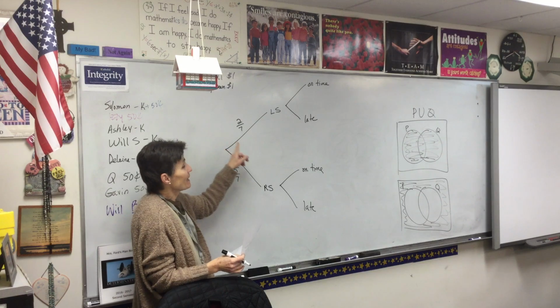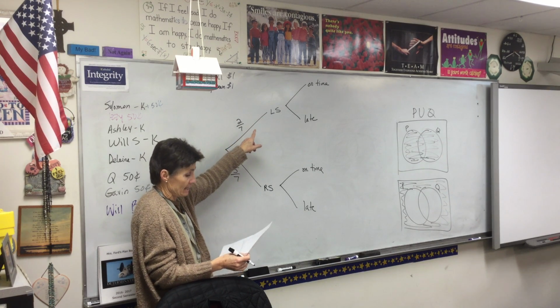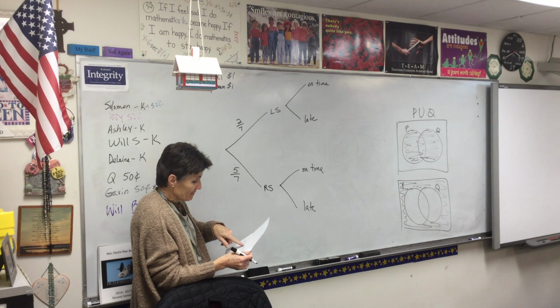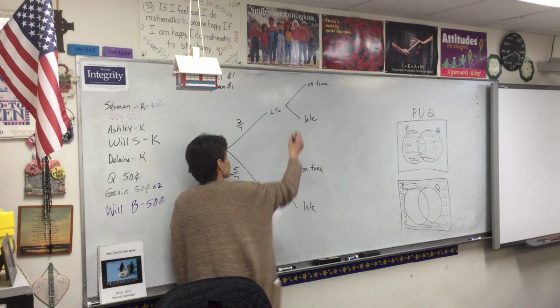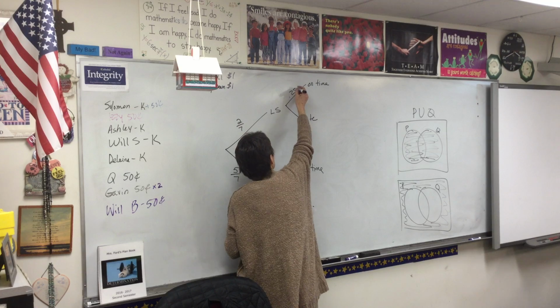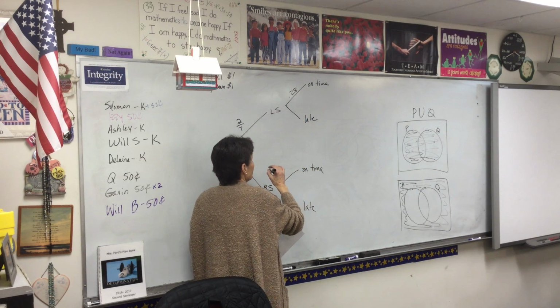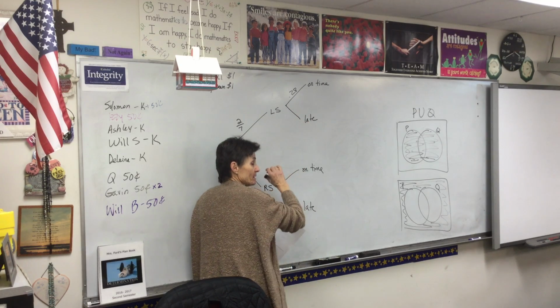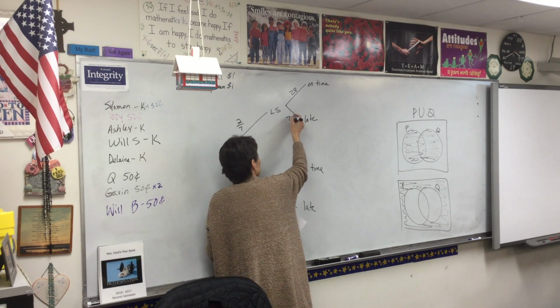Now, on a late start day, the probability of his being on time is 28%. Would you agree with that? 0.28, which means him being late will be 0.72.